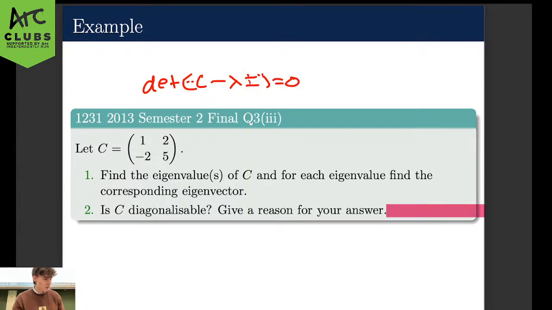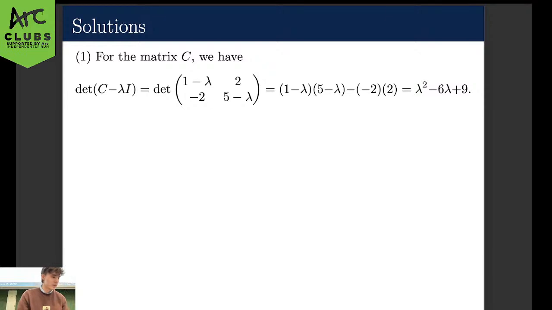So let's write the determinant of C minus lambda I. In this case, it's going to be the determinant of this matrix: 1 minus lambda, 2, negative 2, 5 minus lambda. Expanding out that determinant, we should get the quadratic lambda squared minus 6 lambda plus 9.